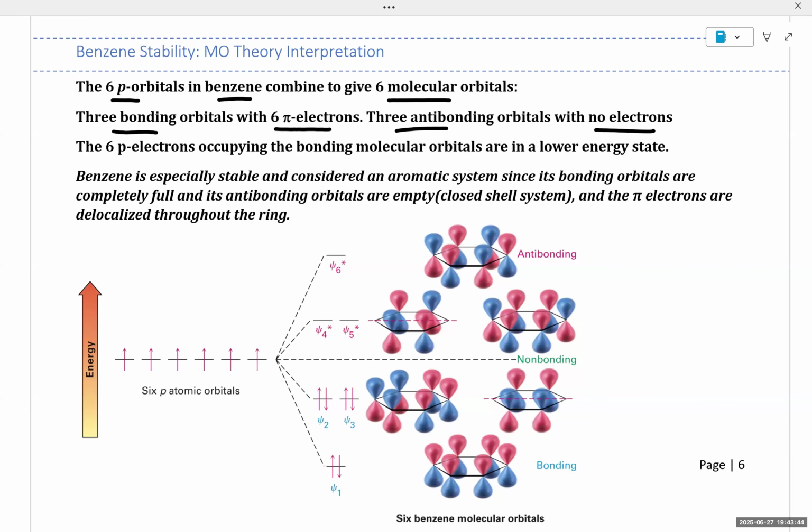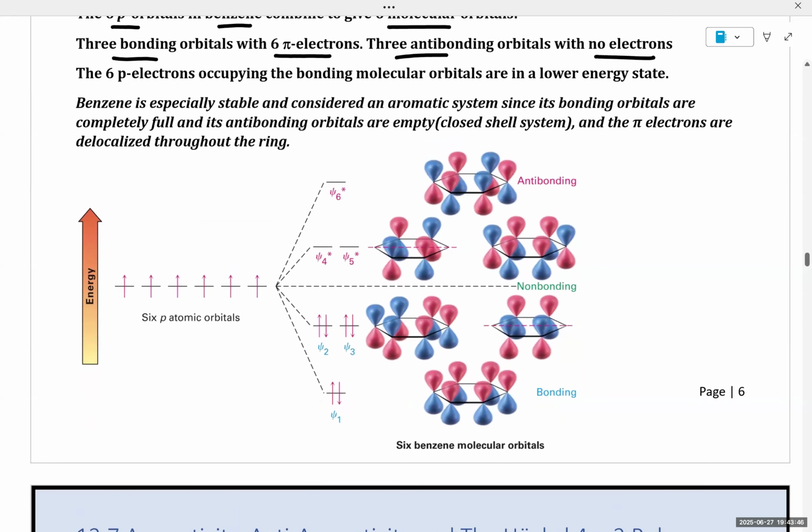The other thing I'd like you to note in particular for benzene is that because the entire pi system is present in a fully conjugated set of orbitals arranged in a ring, you end up with multiple orbitals of the same energy. These are known as degenerate orbitals.